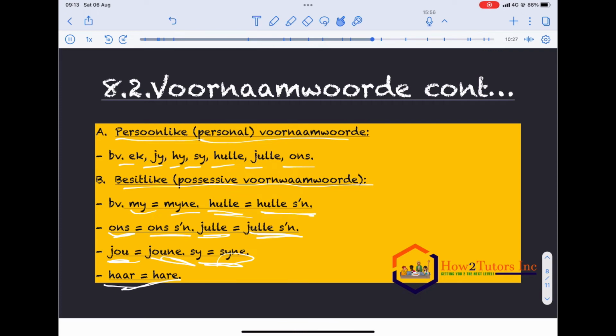Julle word julle s'n, your becomes yours. Jou word joune, your becomes yours, and sy word syne. Haar word haar s'n, her becomes hers.